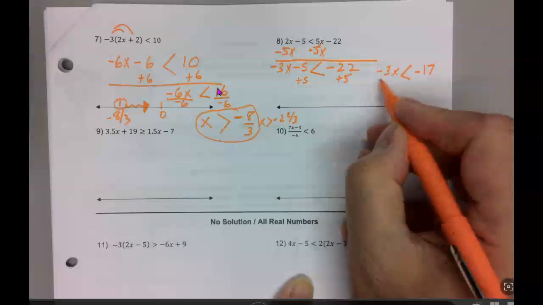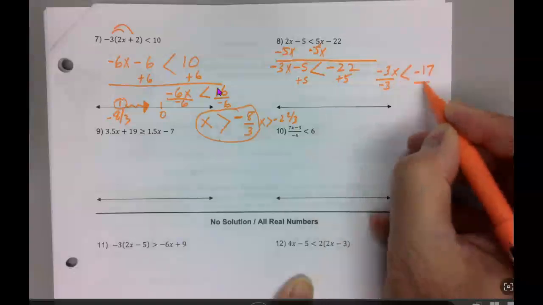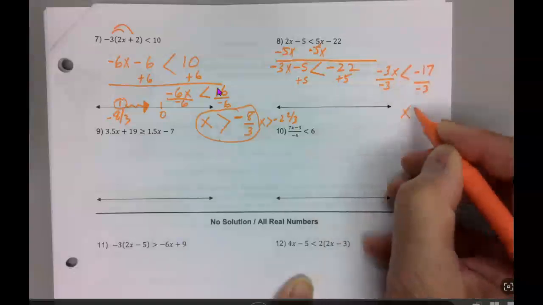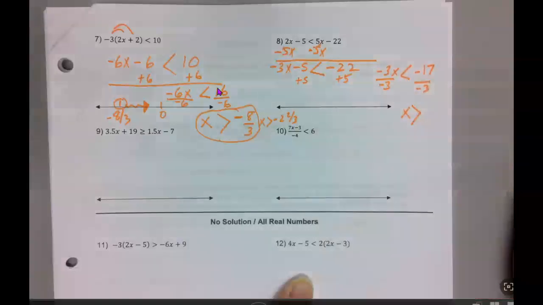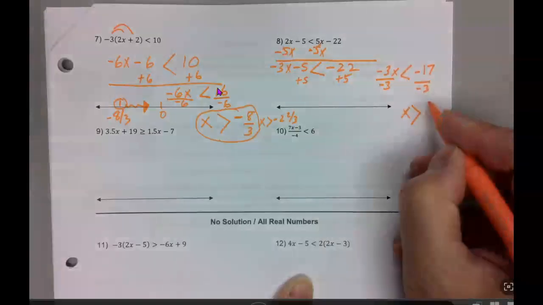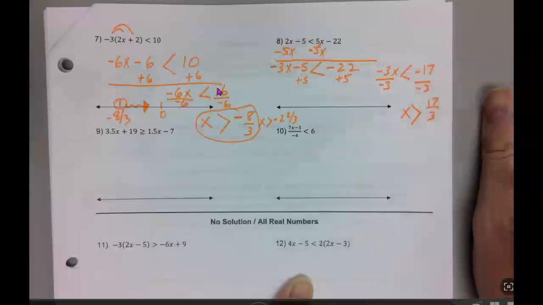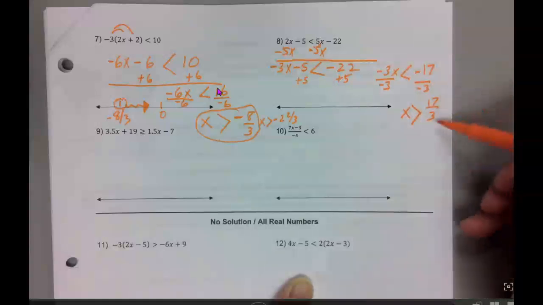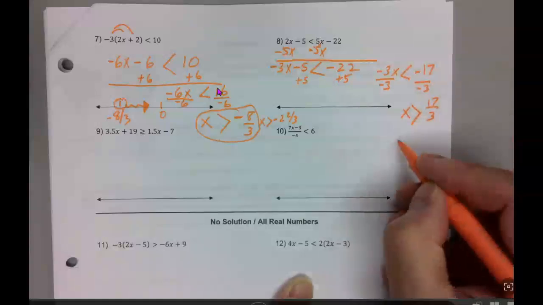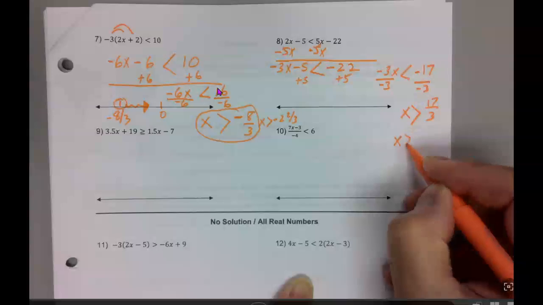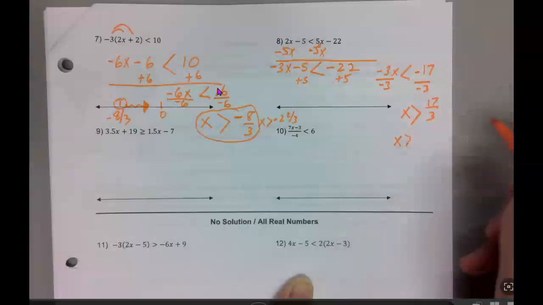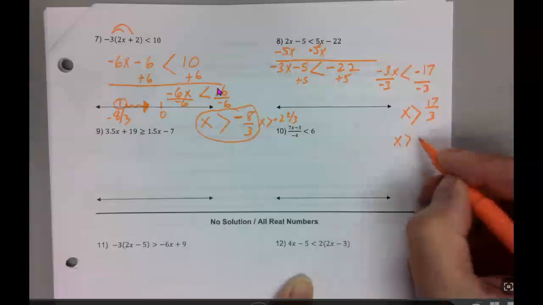And I divide by -3, so I get x is greater than, I have to reverse the inequality because I divided by a negative, positive 17/3. Why is it positive? Two negatives give me a positive. Now what's 17/3 as a decimal? It's going to be repeating, right? What do you get? 5 2/3?